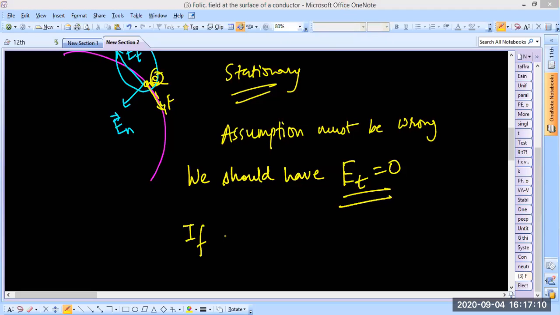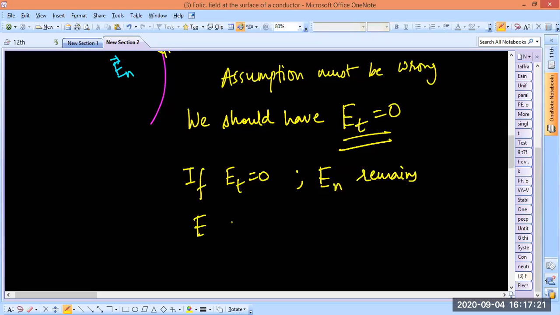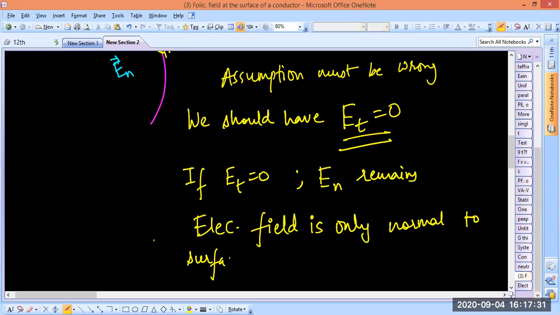Now if E_T is 0, then what is remaining is only E_N, correct? It means the electric field is only normal to the surface. I hope you have understood how we got that.